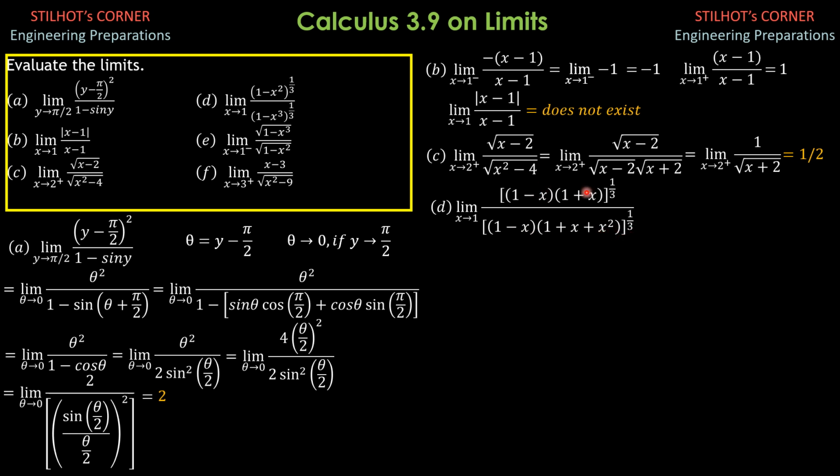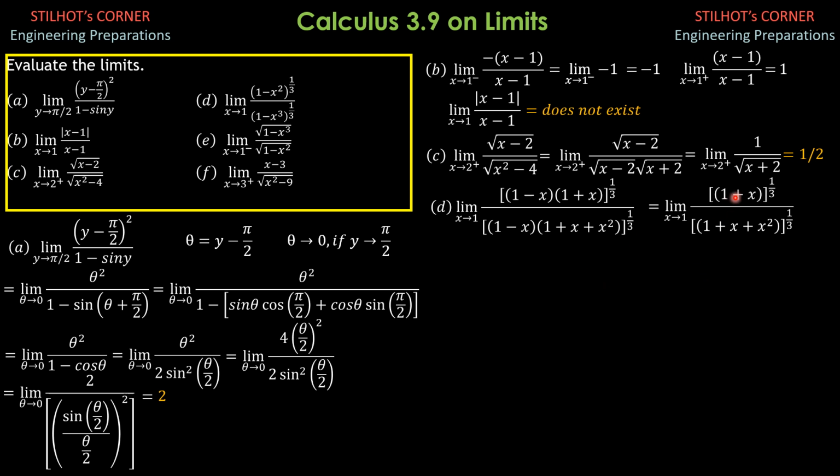So this is 1 minus x to the 1/3 over 1 minus x to the 1/3. We can cancel that. So it reduces to the quantity 1 plus x to the 1/3 over the quantity 1 plus x plus x squared, raised to 1/3, as x approaches 1.